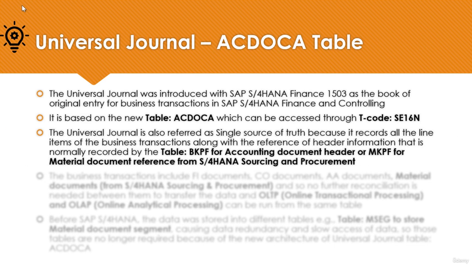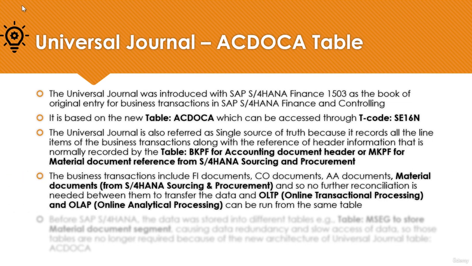The Universal Journal is also referred as single source of truth because it records all the line items of the business transactions along with the reference of header information that is normally recorded by the table BKPF for accounting document header or MKPF for material document reference from S/4HANA sourcing and procurement.